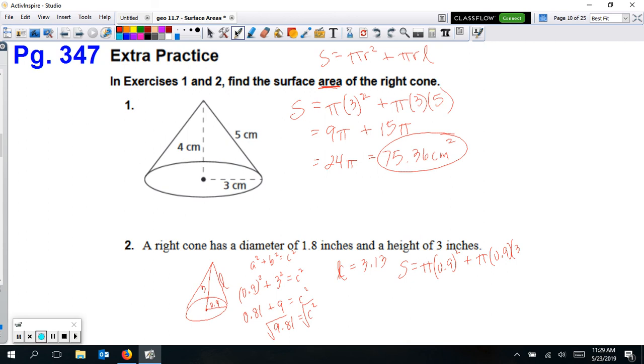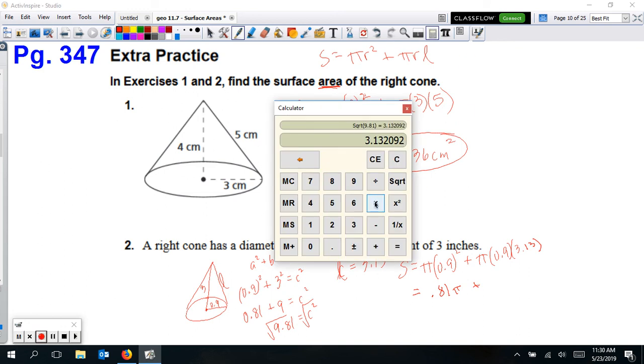So this is going to be a 3.13. Make sure I'm ready. Yeah, that's fine. Whoops. This is going to be a 1.3 here. There we go. Okay, so now when we're actually working this out, this is going to be 0.81 again. So 0.81 times pi plus, and when I multiply these, let's do that on the calculator.